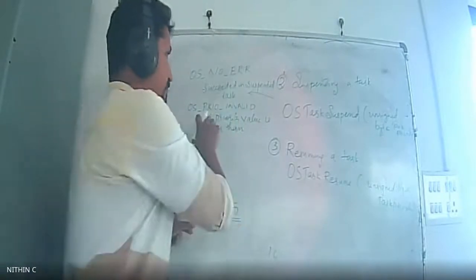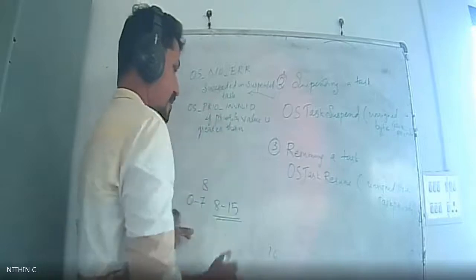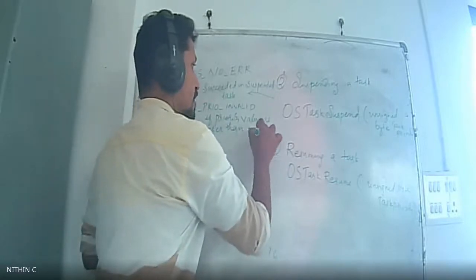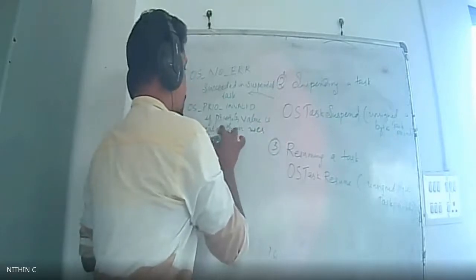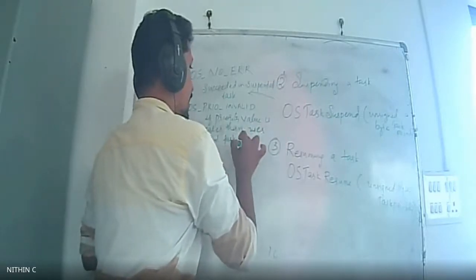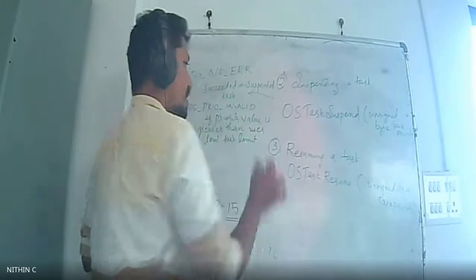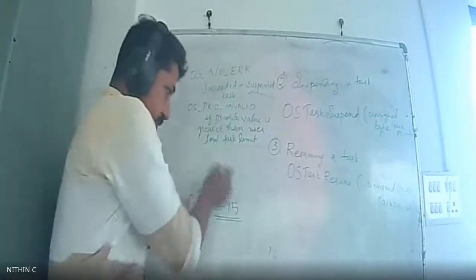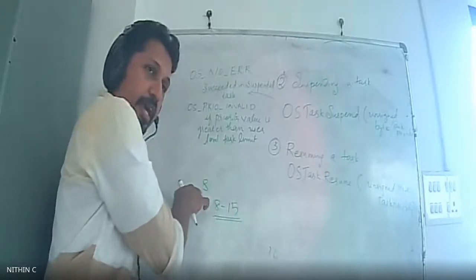So if the priority value is greater than the user level task limit, then you will get a message like OS prio invalid. In this particular example, we are having 8 user level tasks.